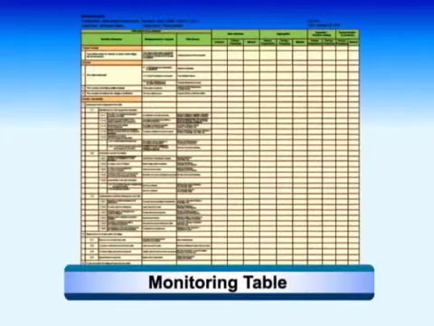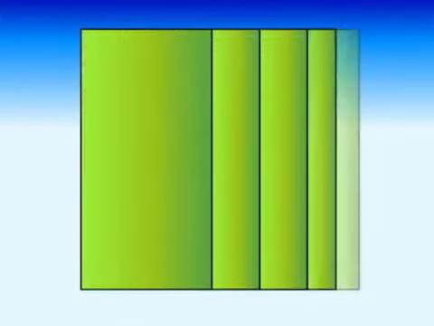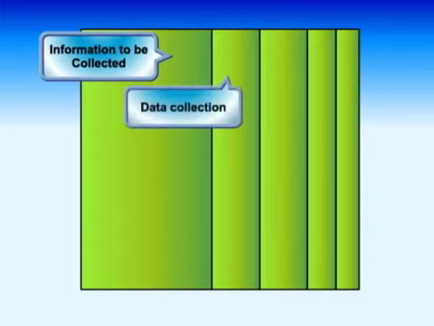It is a monitoring table that those monitoring frameworks are integrated. A monitoring table is made up of 5 blocks. The first block is for information to be collected, to describe what information should be collected. The second is for data collection, to describe who collects the data when and how.